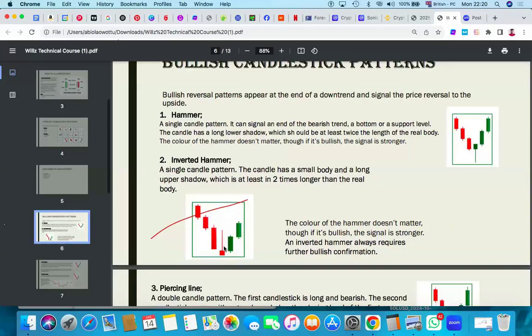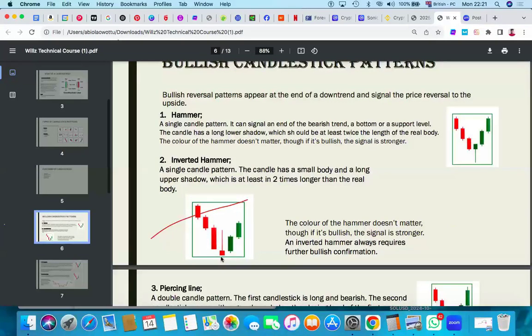It's the same definition. It says the color of the hammer doesn't matter, though if it's bullish, the signal is stronger. An inverted hammer always requires a further bullish confirmation.